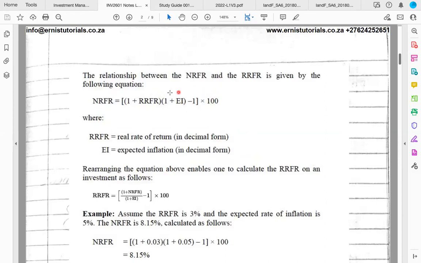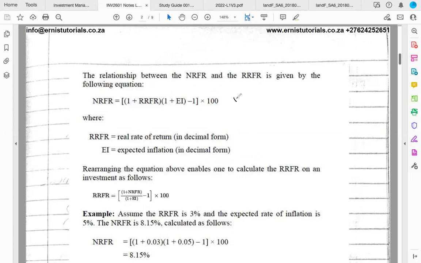So on the screen right here, we have the relationship between the nominal risk-free rate of return and the real risk-free rate of return. The relationship between those two is that the nominal risk-free rate of return equals 1 plus the real risk-free rate of return, multiplied by 1 plus the expected inflation, then we subtract 1 and multiply by 100.